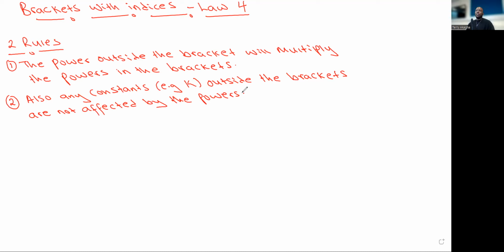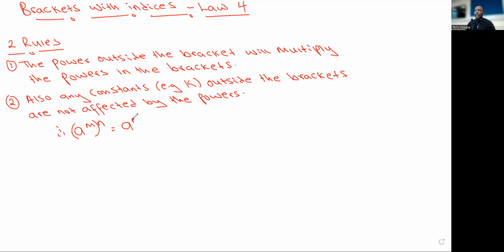All right, so let's see. I listed these formulas in the first video or the second video of the series. So I said, for instance, a raised to power m, all raised to power n. Remember I said the powers outside the bracket will multiply the powers in the bracket. So that means m will multiply n.